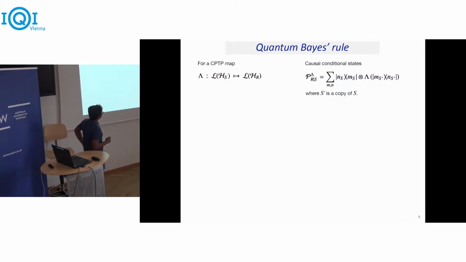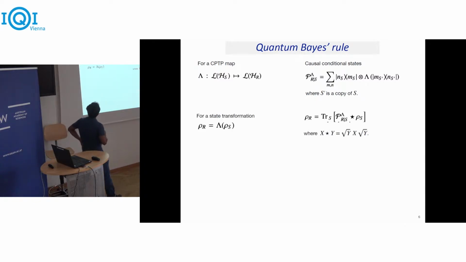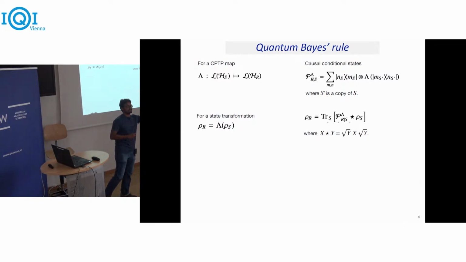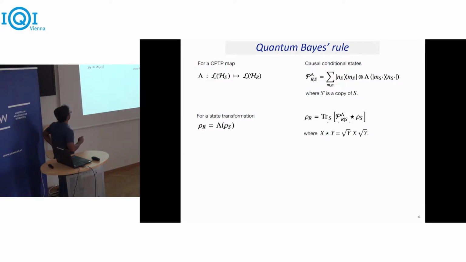If you look at it carefully, you will find that this is nothing but a partial transpose of the Choi-Jamiołkowski matrix. Okay, that is what you have done. And now if you say, well, can I use this conditional state at least to talk about my prediction, in a sense, the future state that I'm going to have in case I have this input rho S here.